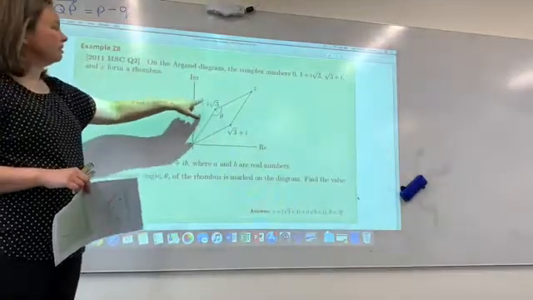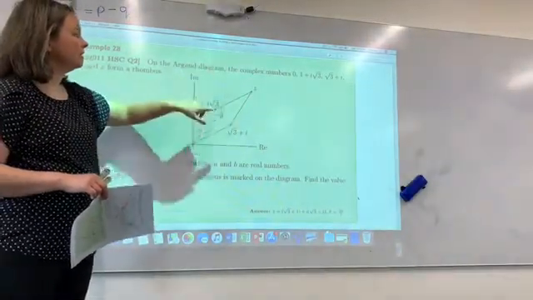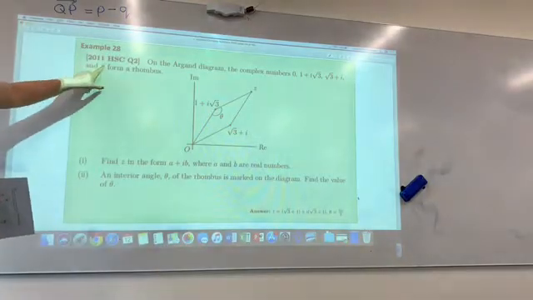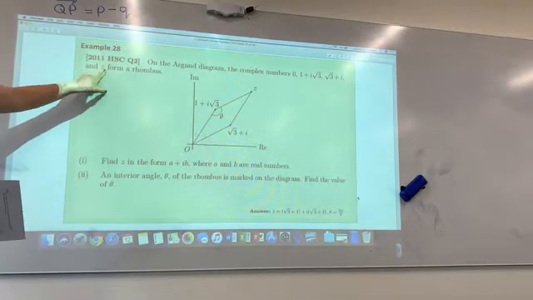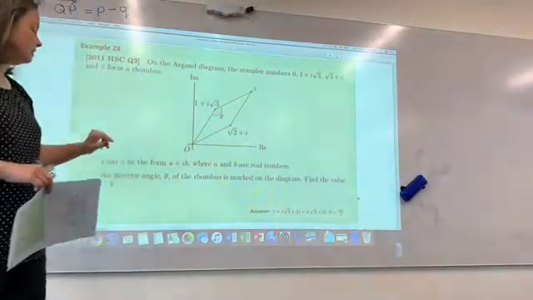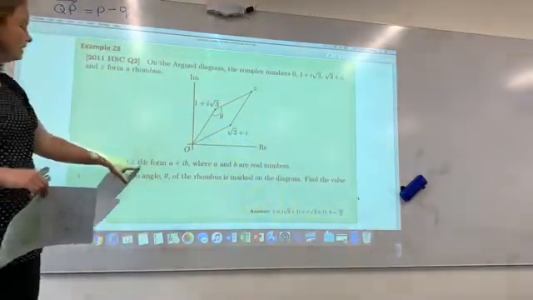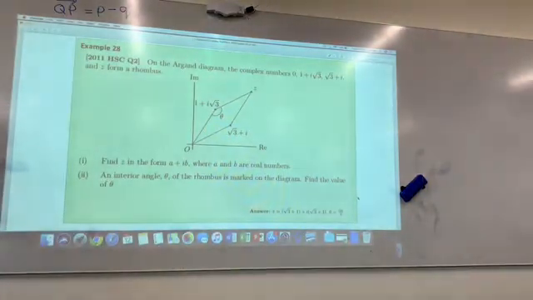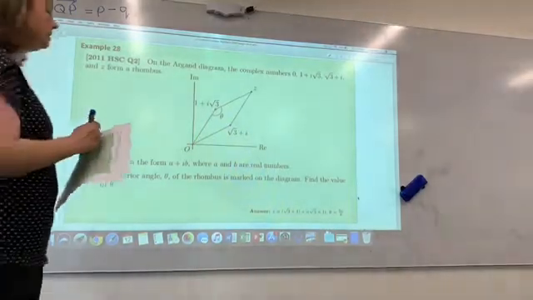We've got 2 complex numbers and 0 on the Argand diagram, and a third complex number, Z, forms a rhombus. Part 1, find Z in the form a plus ib, where a and b are real numbers. And I've got the answer there for you as well. Just add them together.